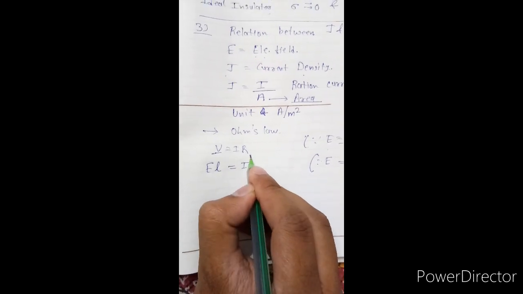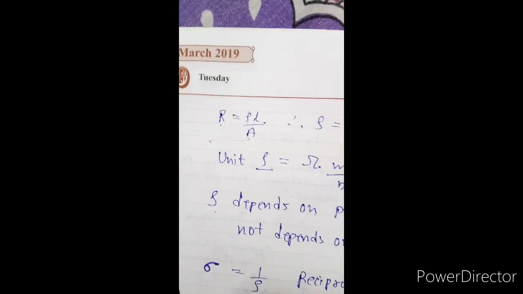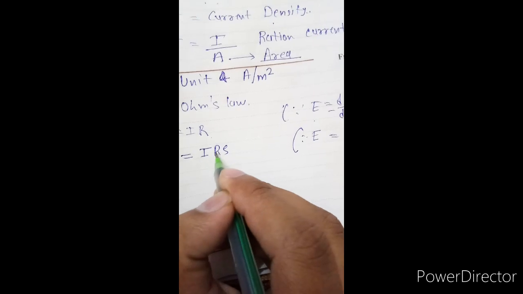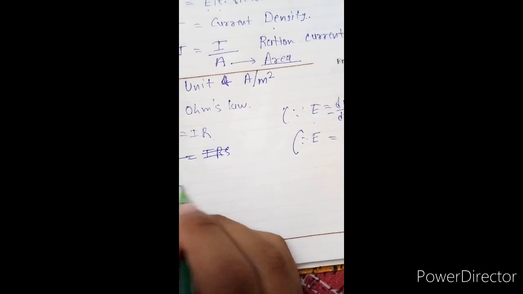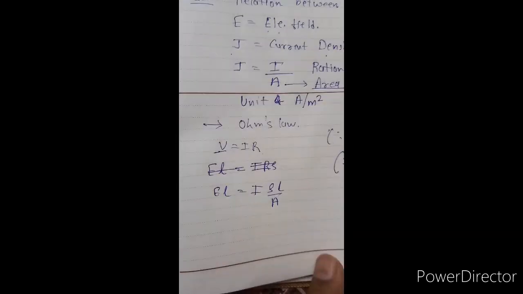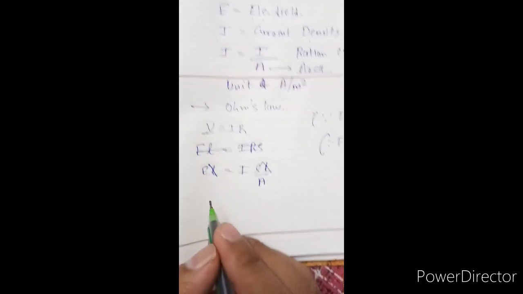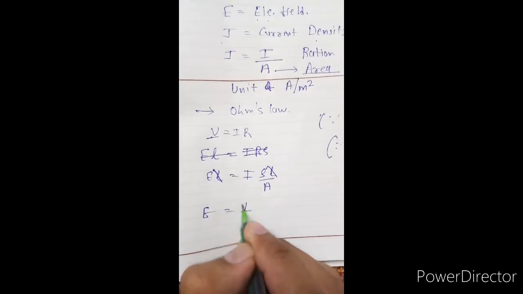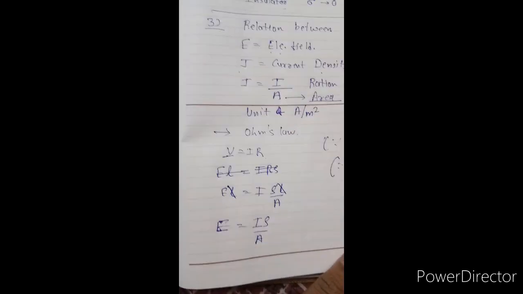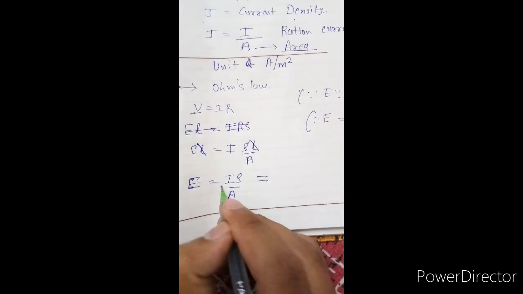Then put the value of R. What is R? R is nothing but this formula, rho L upon A. So EL is equal to I into rho L upon A. Here length is common, so it will cancel out. So you will get E is equal to I rho upon A. What is I upon A?